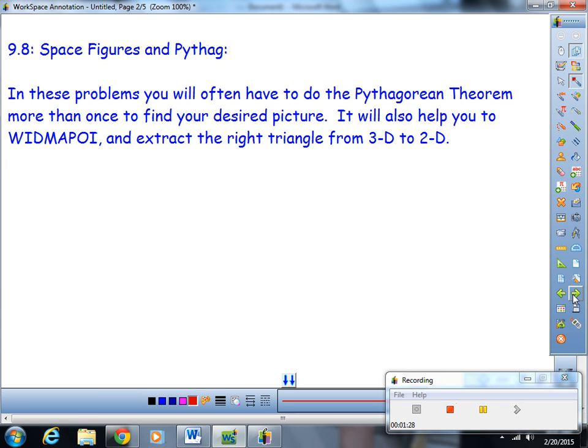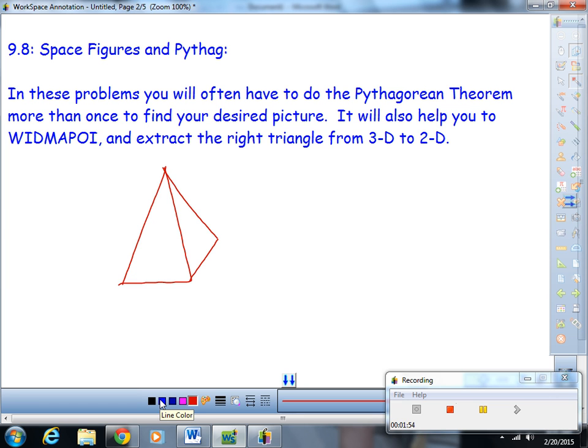All right, so the general idea of these is to find diagonals or right triangles that exist in three-dimensional shapes. So what if we were given, let's say, a triangular pyramid? I'm sorry, let's call it a square pyramid.